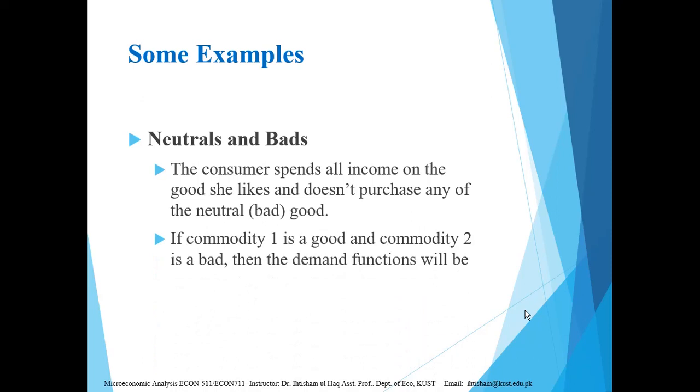If commodity 1 is a good and commodity 2 is a bad, then the demand function will be x1 equal to m by p1, and our consumer is not buying or consuming any unit of x2.